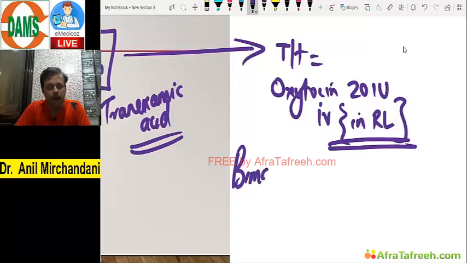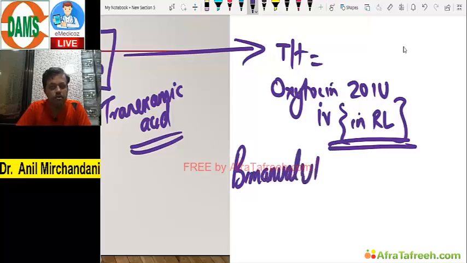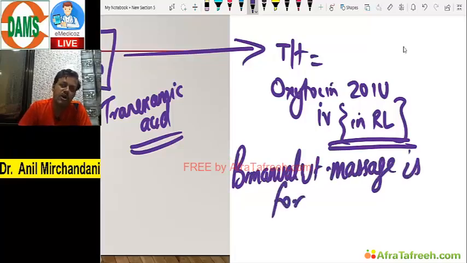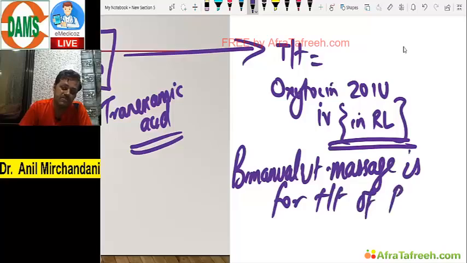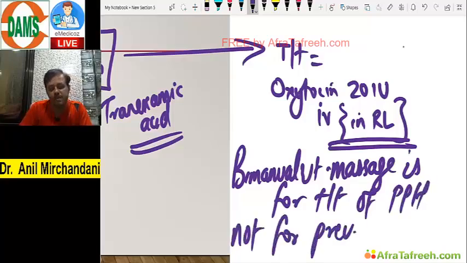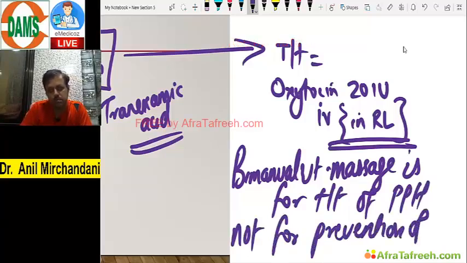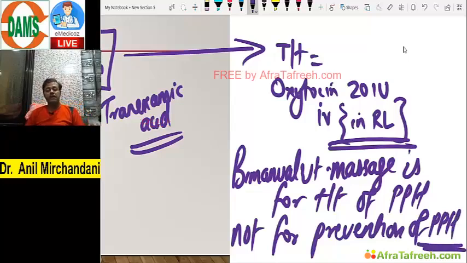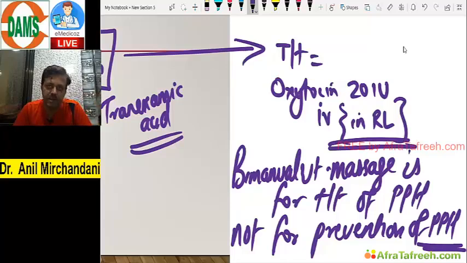Remember, bimanual uterine massage is for treatment of PPH, not for prevention of PPH. Bimanual is too invasive for something called prevention, but bimanual is compulsory for treatment of PPH. Am I clear about this?